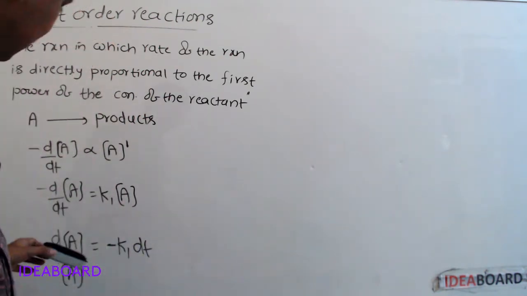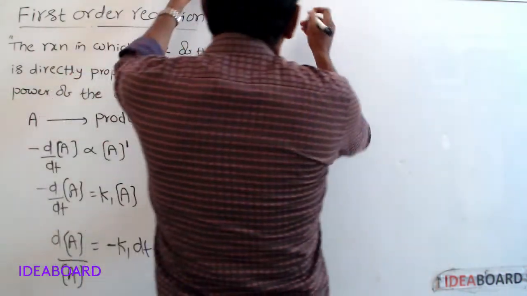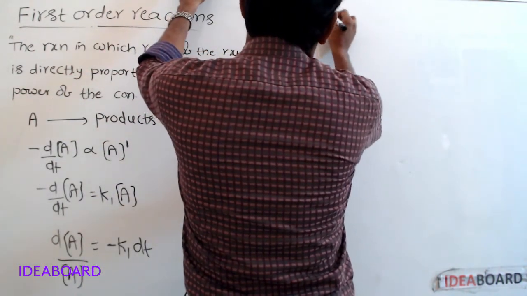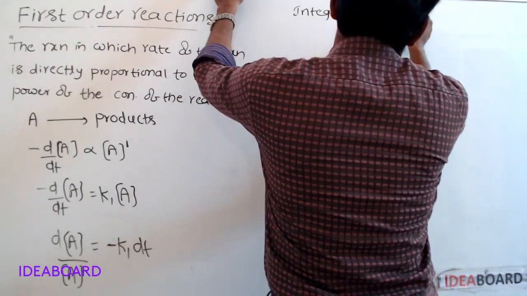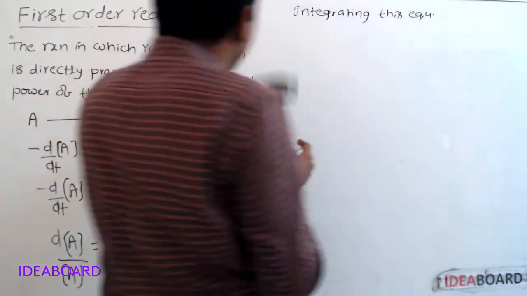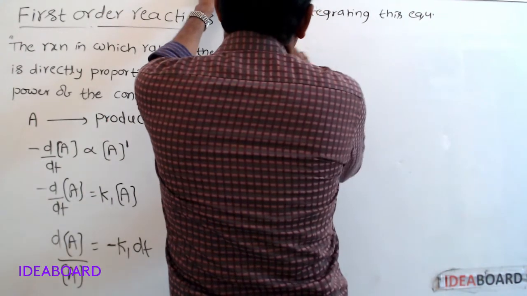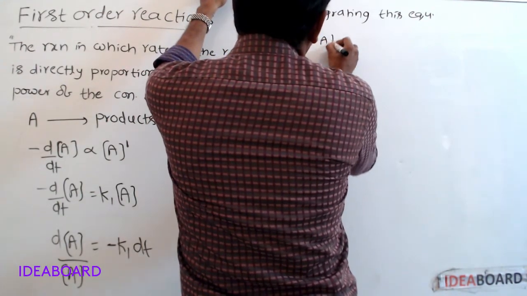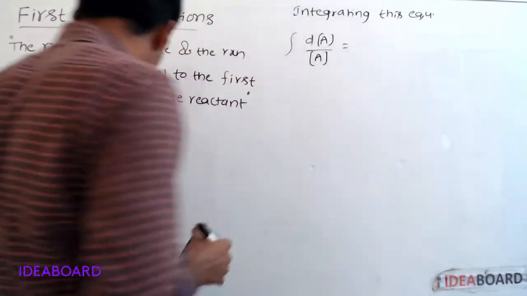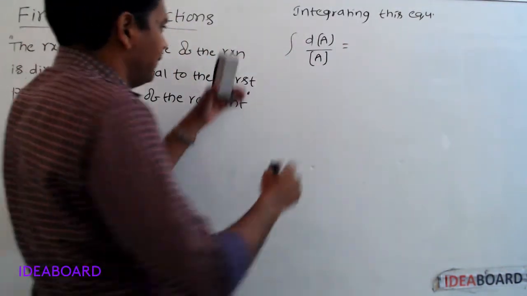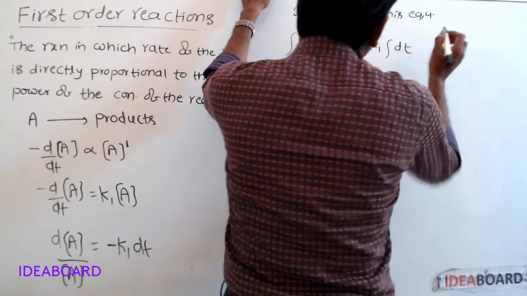Next, integrating this equation: integration of d of A concentration by A concentration is equal to, here K1 is constant, minus K1 into integration of dt.